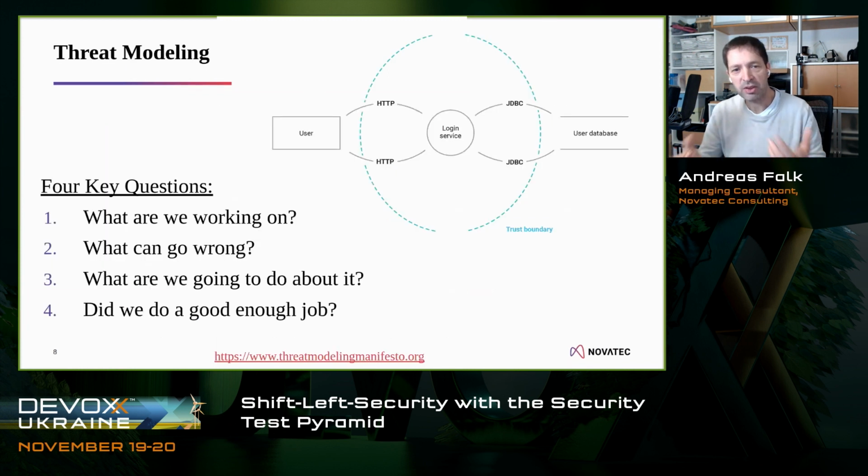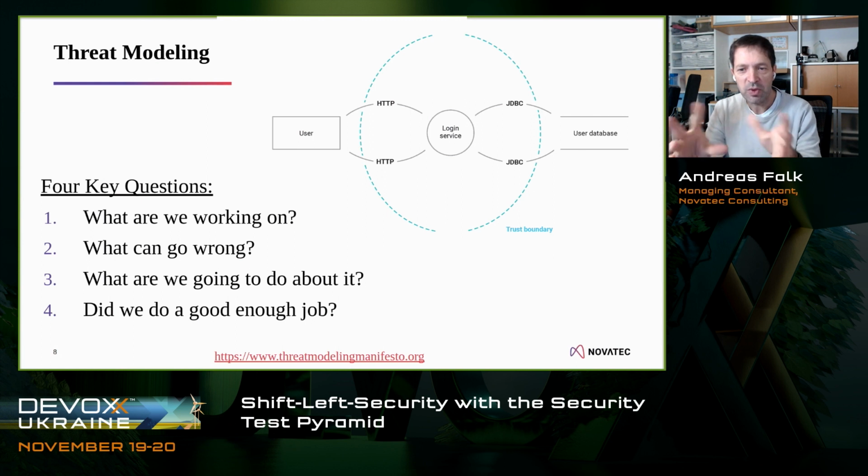So, threat modeling. If you don't know threat modeling, on the right-hand side you see a typical data flow diagram for a very easy use case, just the login of users. You have a user on the left-hand side, probably located on the internet. Then you have a login service that is probably running on some cloud service, and you have a user database running on your data center.